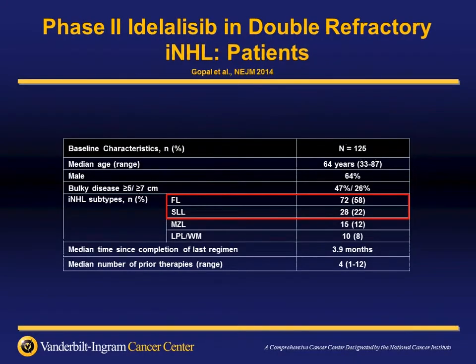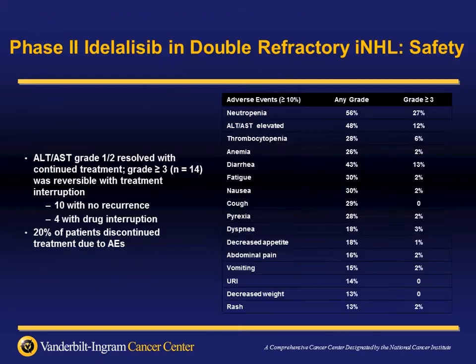The median age was 64 years, and bulky disease in 47% had over 5 centimeter masses. The majority of patients were follicular lymphoma at 58% and small lymphocytic lymphoma at 22%. And the median number of prior therapies was 4, so these were heavily treated patients. And this was reported in the New England Journal of Medicine by Gopal in 2014.